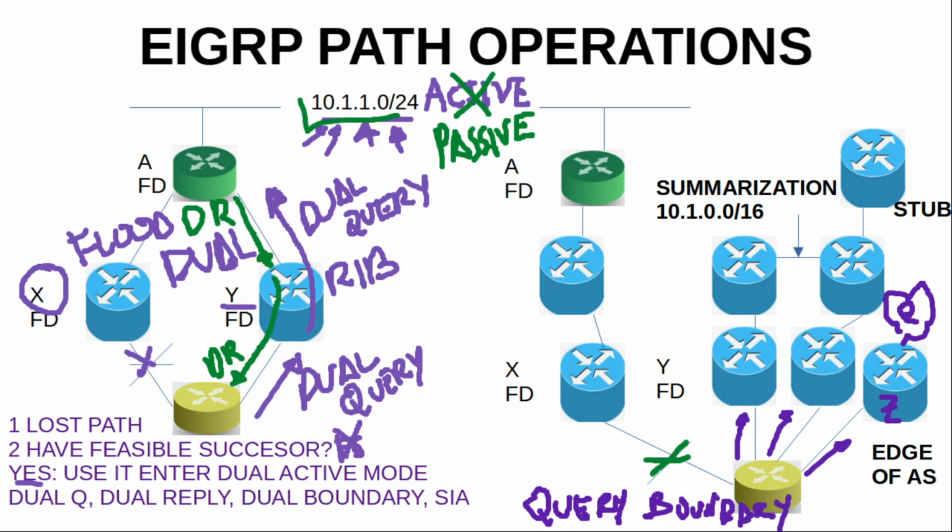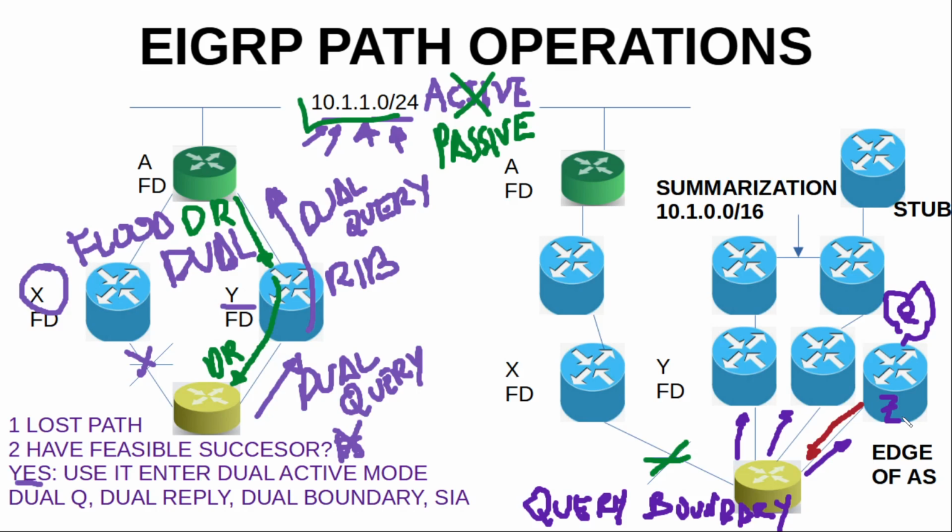So when a DUAL query reaches a router that is actually a query boundary, this router will answer with a DUAL reply because it cannot forward this query anymore to upstream EIGRP routers, because it doesn't have any other upstream EIGRP neighbor routers anymore.